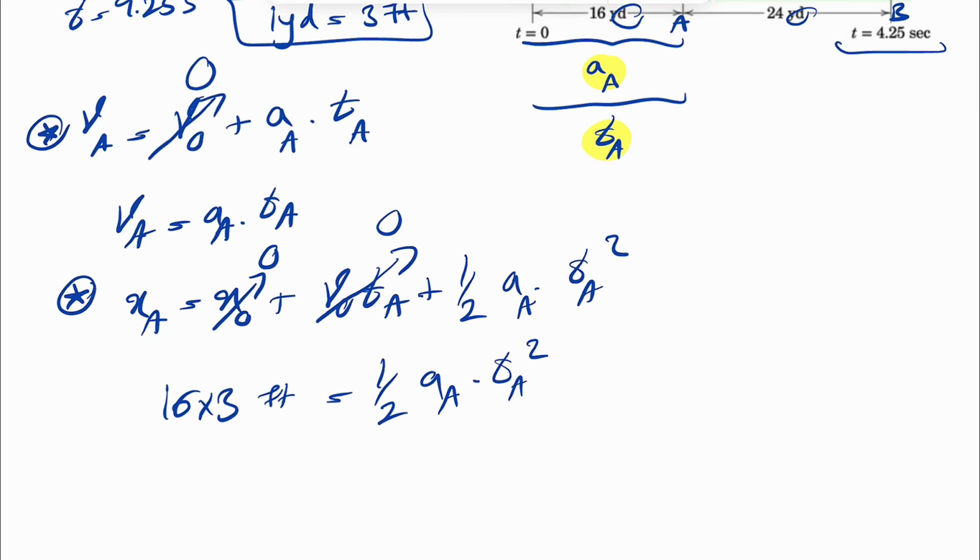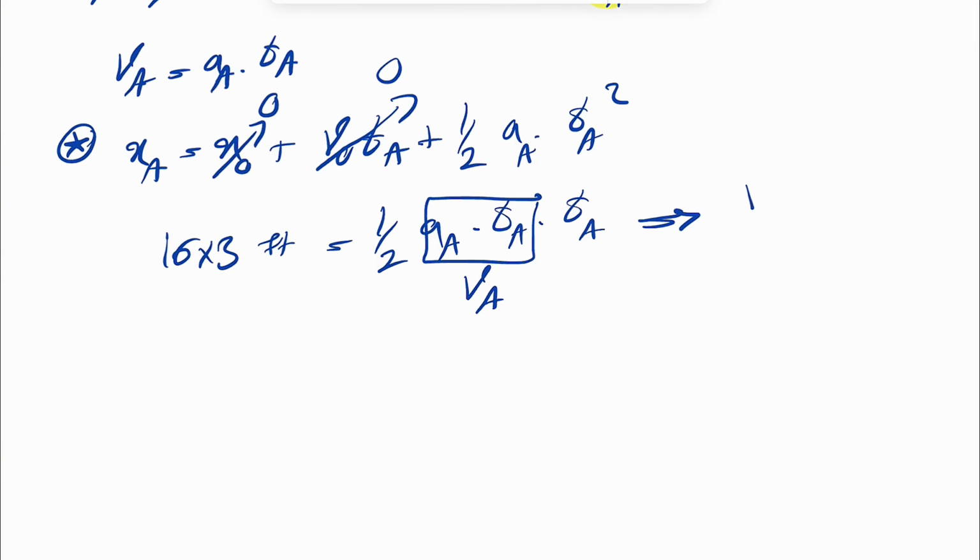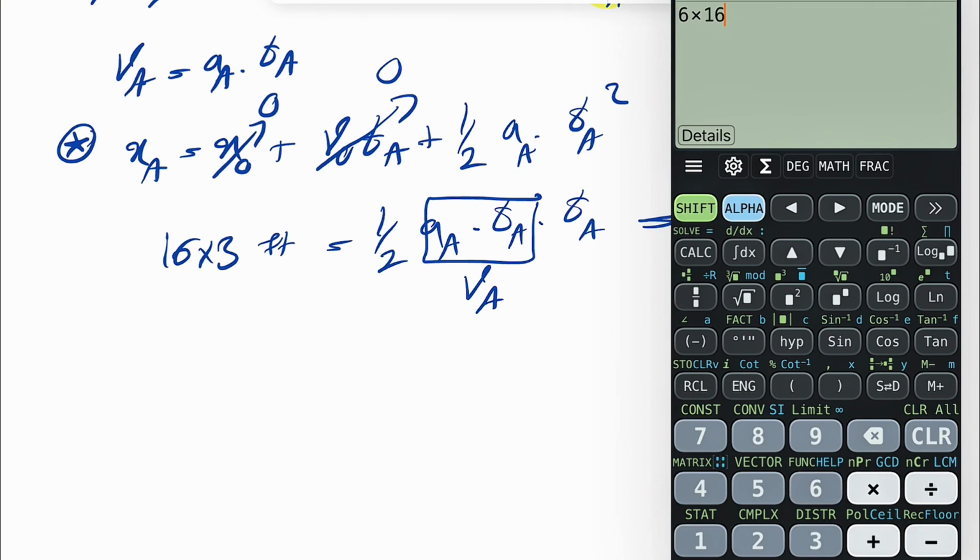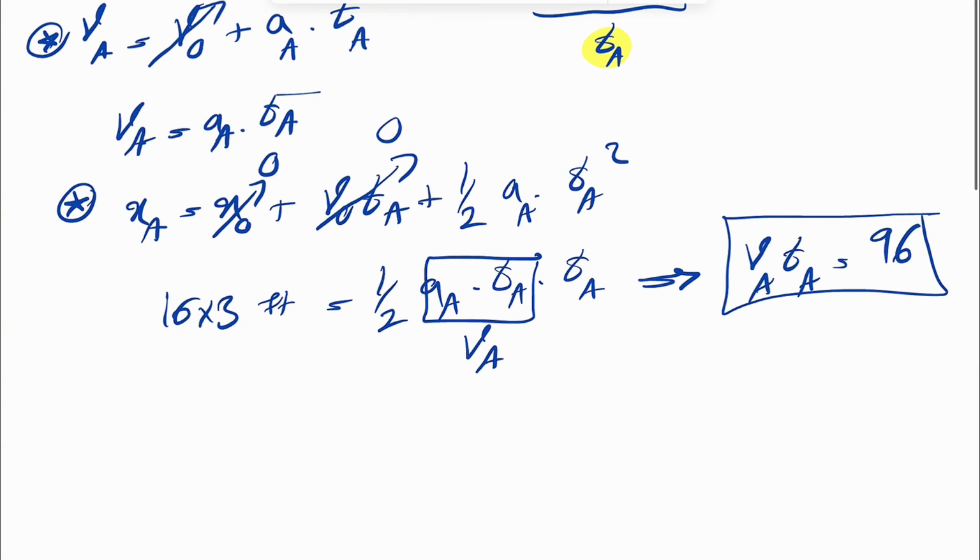Instead of TA squared, we write TA times TA, and AA times TA is our VA. If we rewrite this equation, VA times TA is equal to 16 times 3 times 2, which is 6 times 16, that's 96. That's another equation we have.